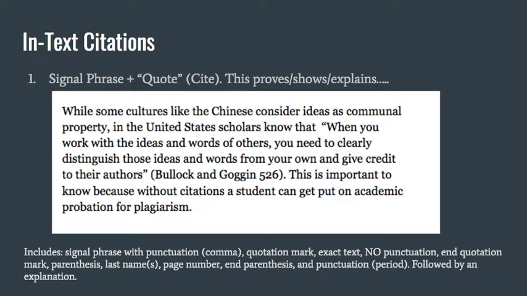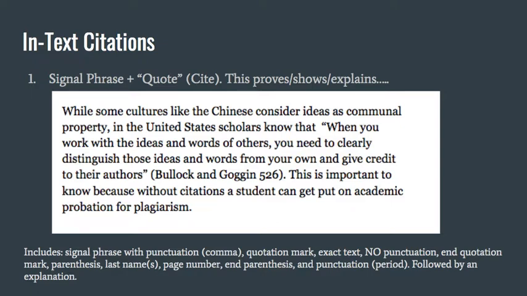So you'll notice that I have a paragraph here where I talk about an idea about communal intellectual property, but then we reach a quote from a text, Bullock and Goggin, and it's clearly indicated with quotation marks. So our quote is in quotation marks, and I've provided the exact text word for word, no changes, and then I have an end quote.